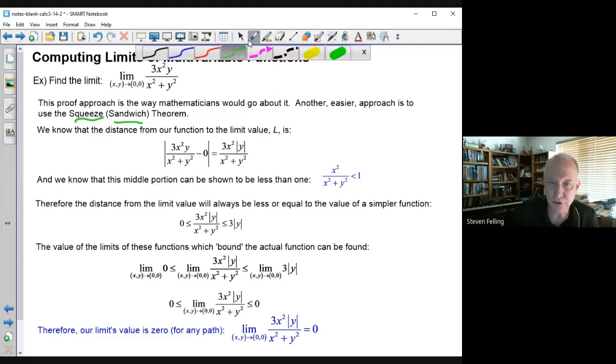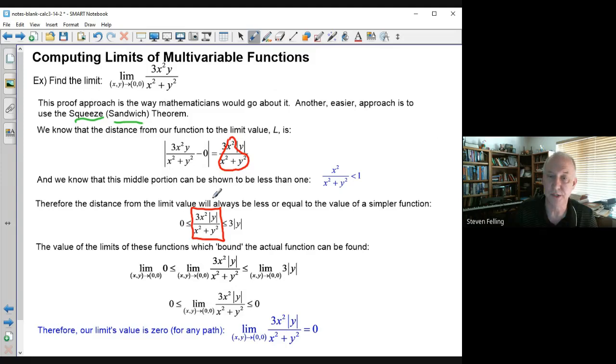Use that same trick to notice that there's this part in the middle here that we know has to be 1 or less. And then say, okay, if that's somewhere less than 1, then that means that the original function, slightly modified with the absolute value, is going to be somewhere between 0 and the function 3 times the absolute value of y, because I'm replacing this with a 1. It can't be anything larger than 1.